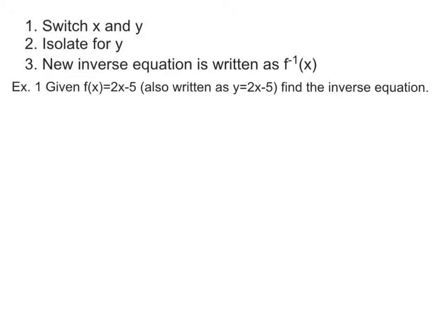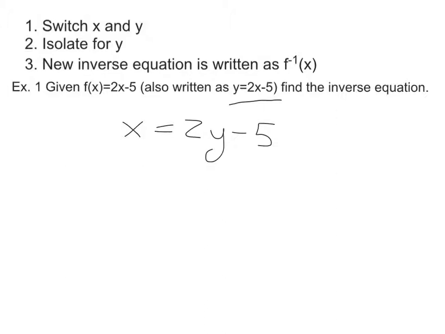So here we have the example of f(x) = 2x - 5, and it's also written as y = 2x - 5. So using our steps, we can switch the x and y around. And so now that we have that, we can isolate for y to find our new equation.